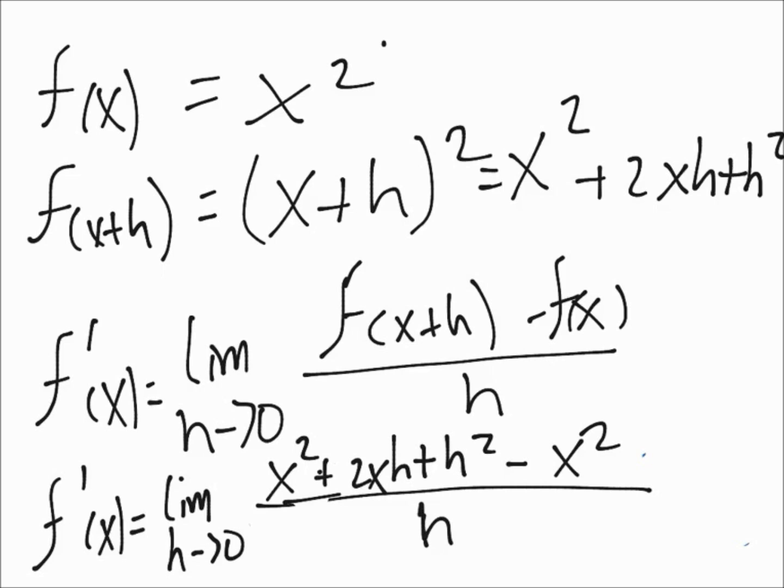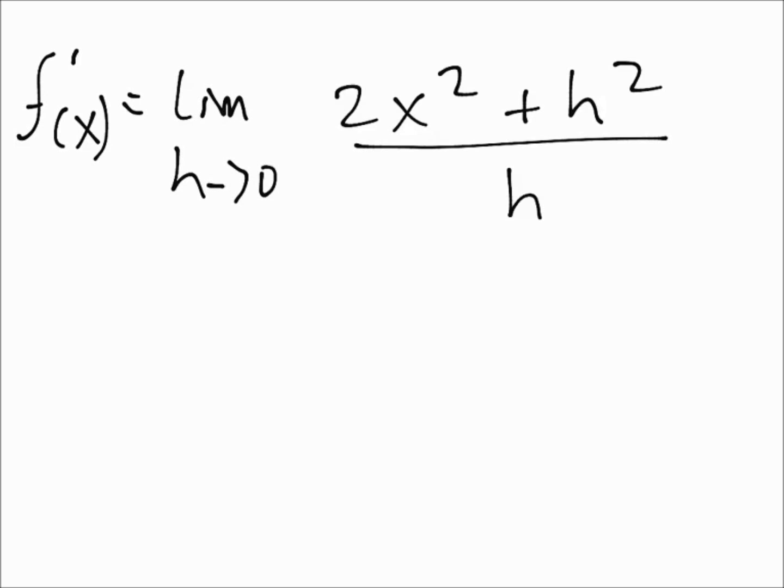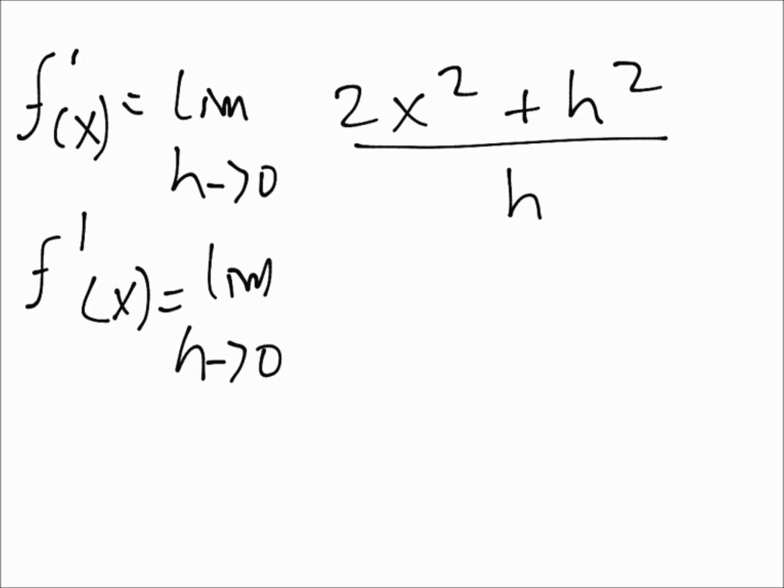So both x squares will go. We'll have 2xh plus h squared over h, and that will be the limit as h approaches 0. That's what we had. So for our answer, we would have to factorize it a little bit.